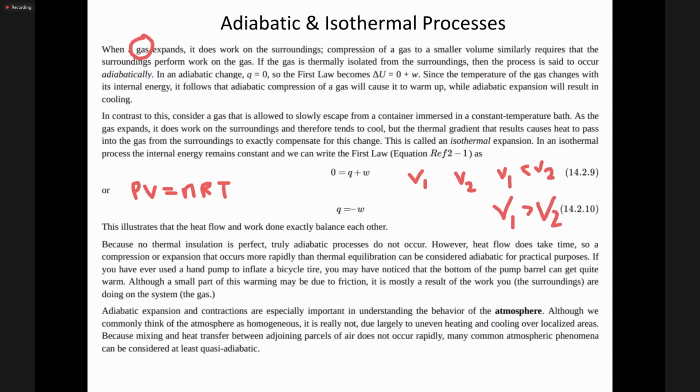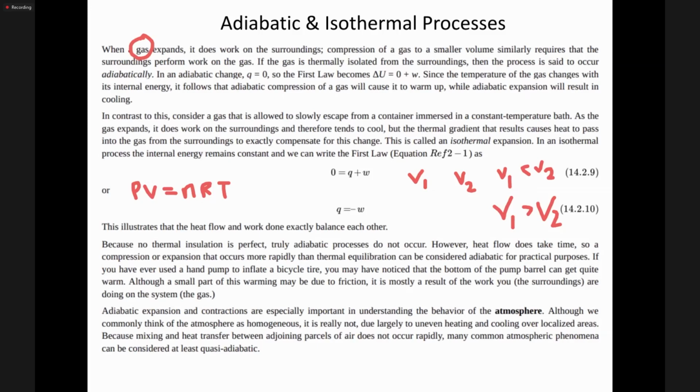The surroundings also can do some amount of work on the system. So for V1 less than V2, when the volume of the gas is increasing, that is, it is expanding, the gas is doing some amount of work. When the gas is compressed, the surroundings is performing work on the gas. So then V2 is actually less than V1.